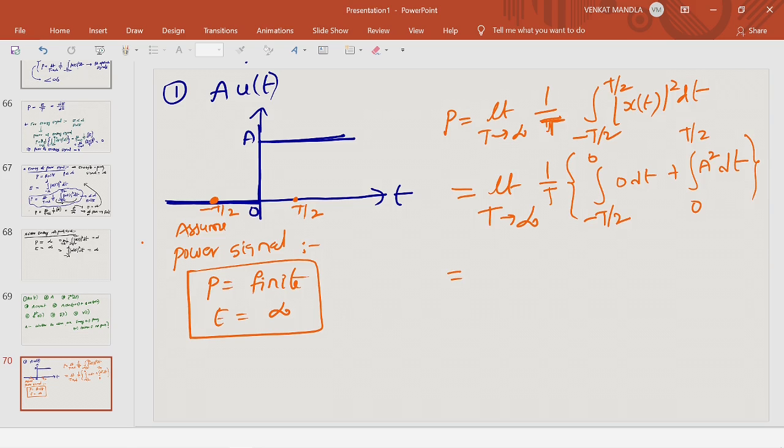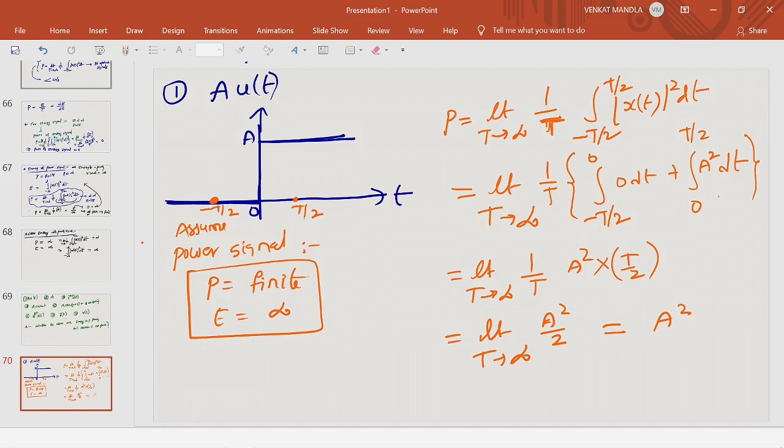So limit T tends to infinity 1 by T, this term is 0 and this term is a square into T by 2. T gets cancelled, you will get a square by 2. Substitute T equal to infinity; here no T is there, so a square by 2. So we are getting power equal to a square by 2, which is finite.